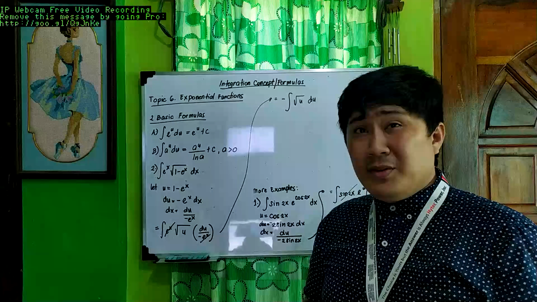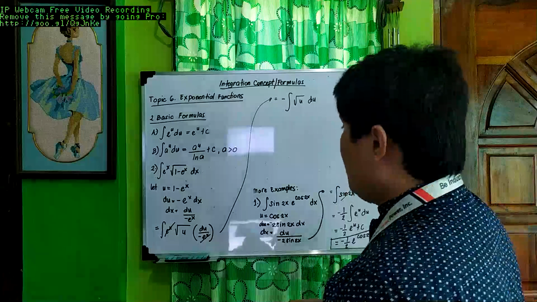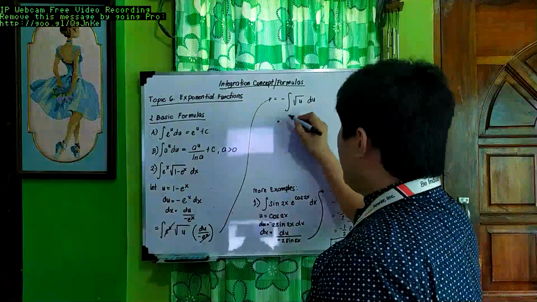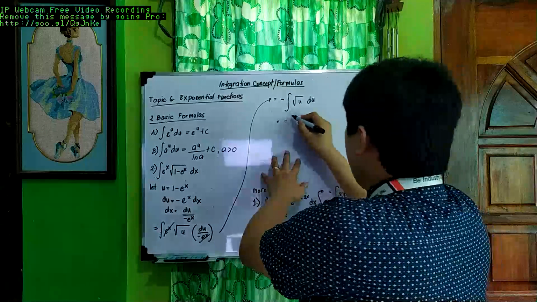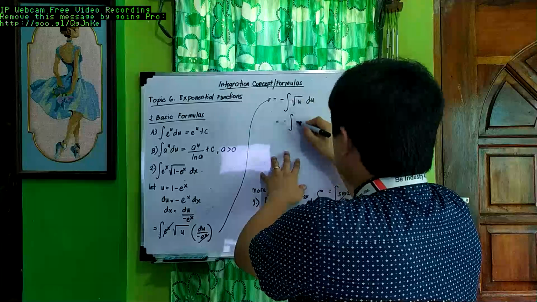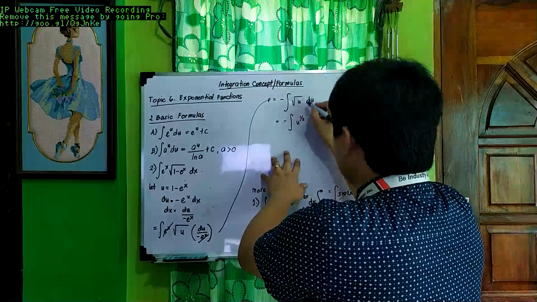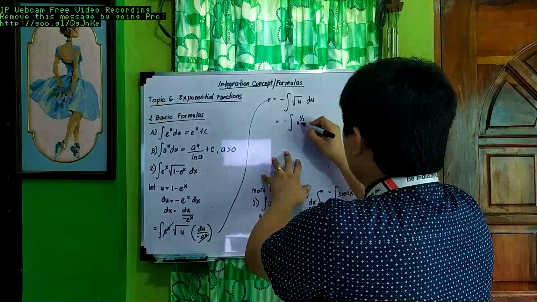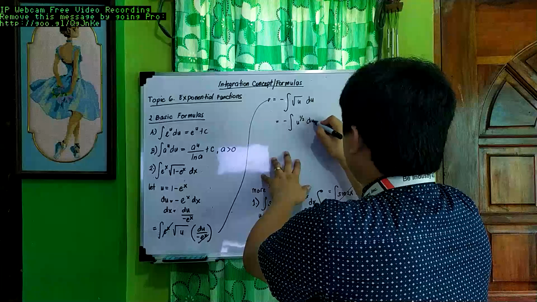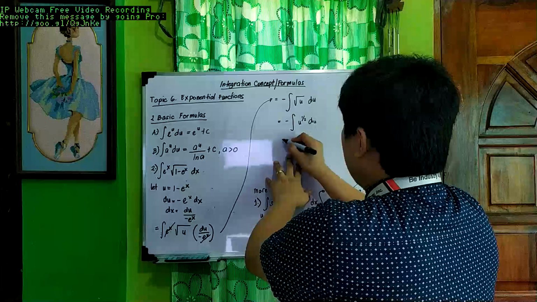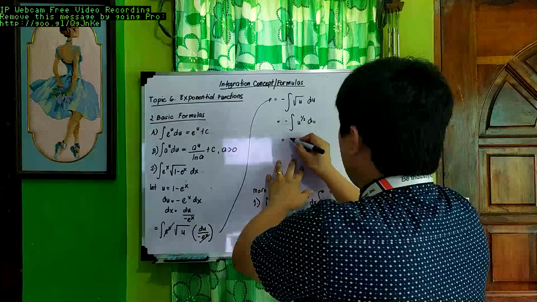So this becomes a power rule. So we have here u raised to the power of 1/2, because the square root of u is u raised to the power of 1/2, du. So this becomes power rule. So you have negative.